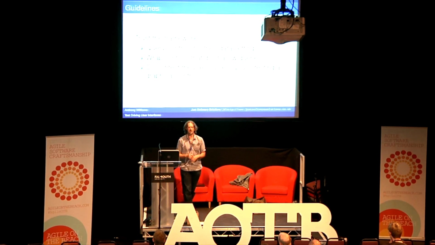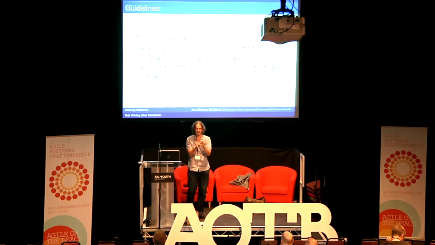Okay, next guideline is trust the framework. Rely on the controls you're using doing what they're supposed to. Query them for their data and settings, but don't test the pixels unless you are actually testing the graphical display of a control, and that is what you are testing. You are testing this control, does it display correctly? In which case, you jolly well want to test those pixels.